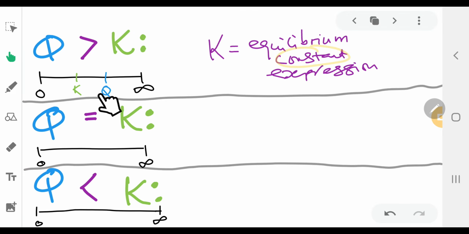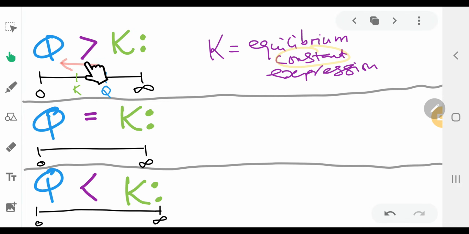Okay? So when you look at the value of Q over here, which is bigger than K, where will the reaction move? Yes, the reaction will surely be shifting to your left. Okay, so it will shift to the left.